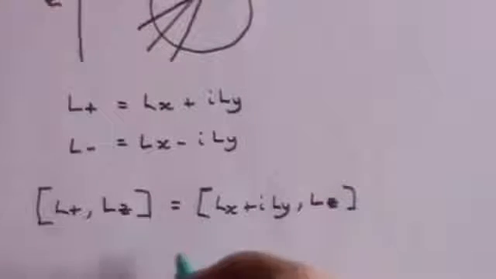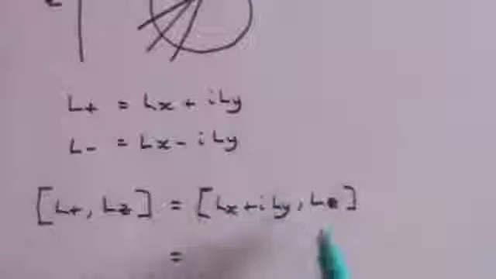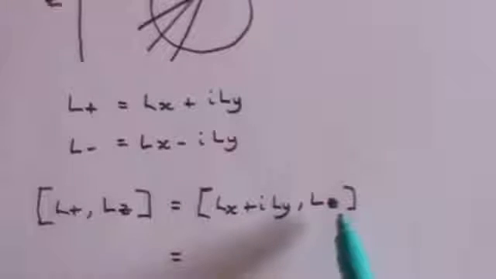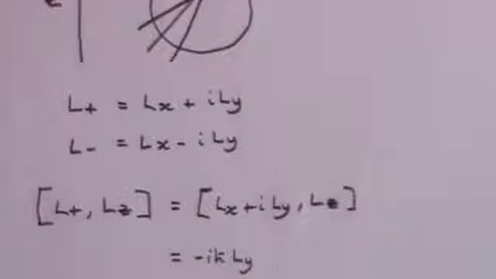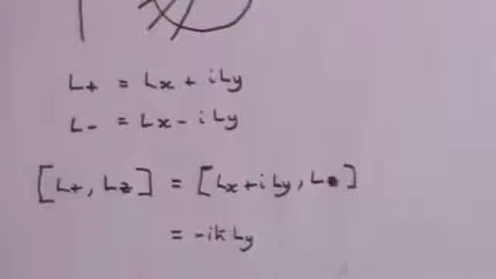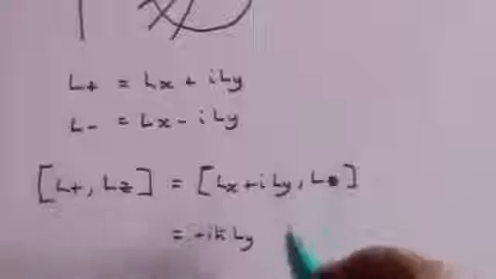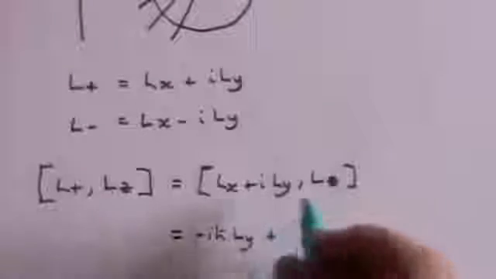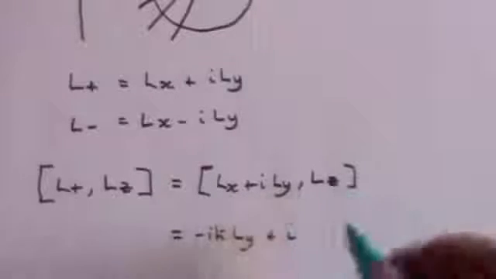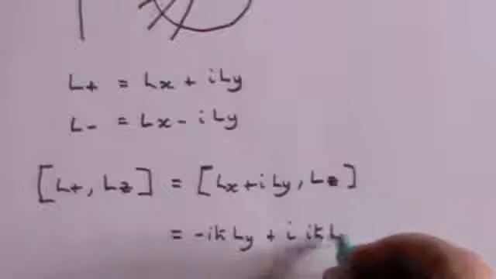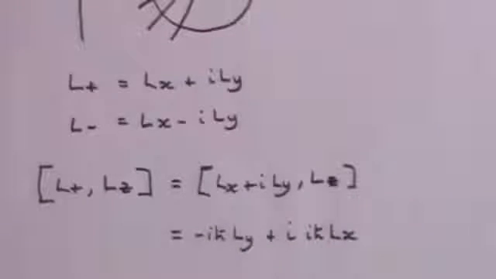We know what that is, because the commutator of Lx and Lz is minus iħLy, since it would have been the other way round if you wanted plus iħLy. And the commutator of Ly and Lz, we've got an i here, so let's put that i first, is iħLx. This time it is plus.